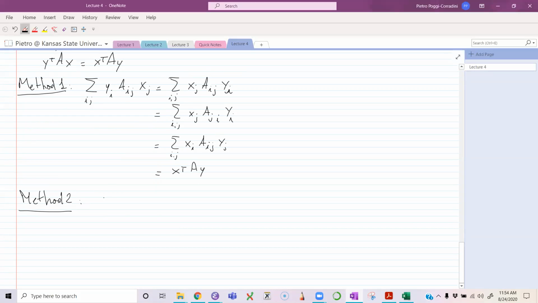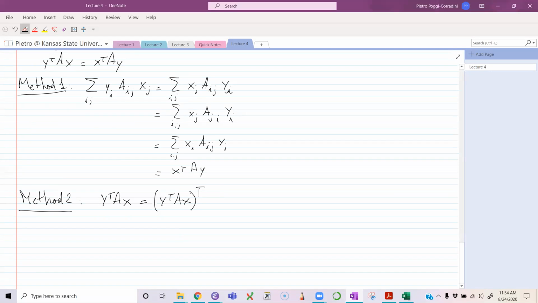So this is a number, it's a scalar. So you can think of it as a 1-by-1 matrix. In particular, a 1-by-1 matrix is equal to its transpose, because you're switching rows and columns in a 1-by-1 matrix, you're not doing anything.